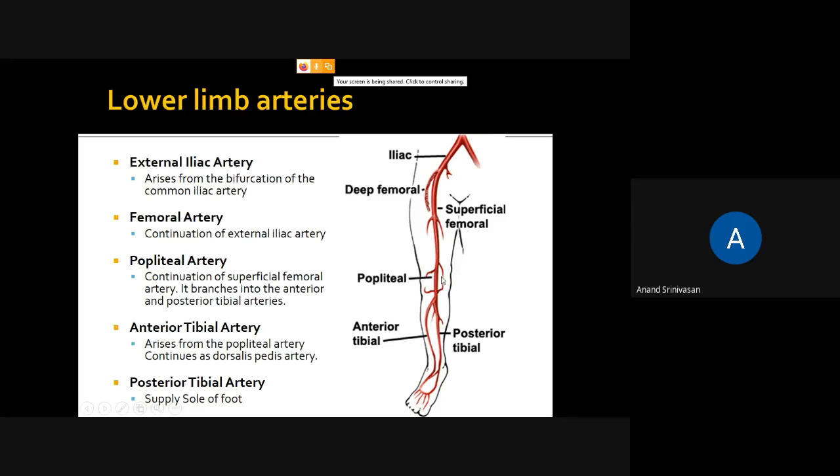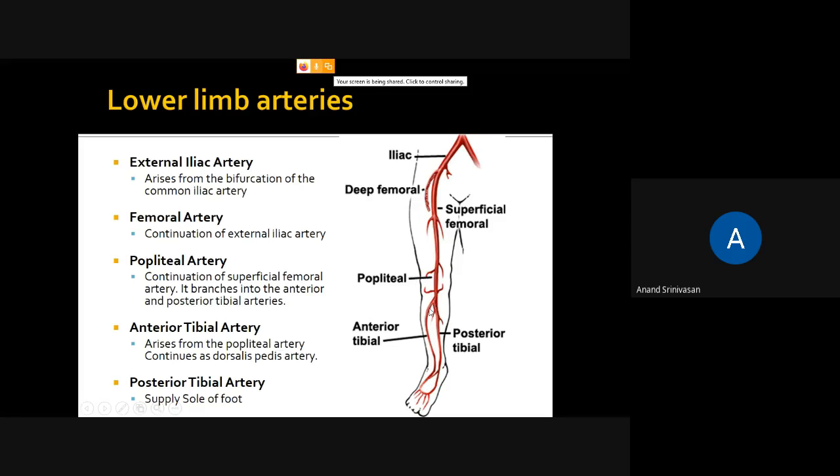near the knee joint, this femoral artery is given another name. This is called the popliteal artery. And after the knee joint, near the tibia and fibula, it divides into two parts.